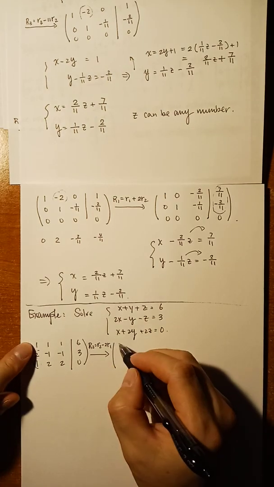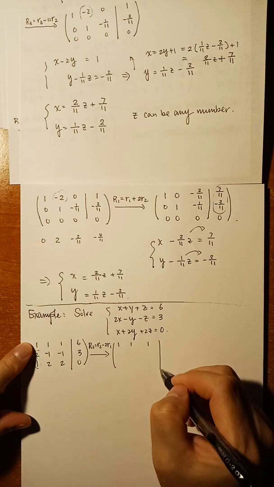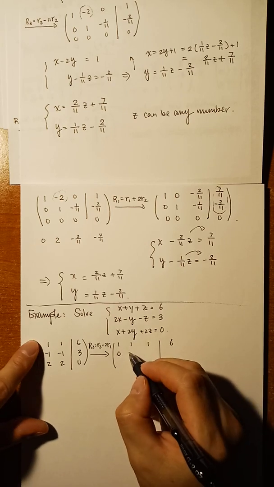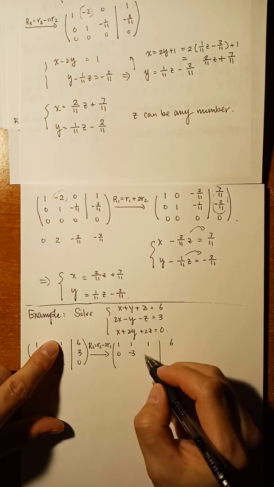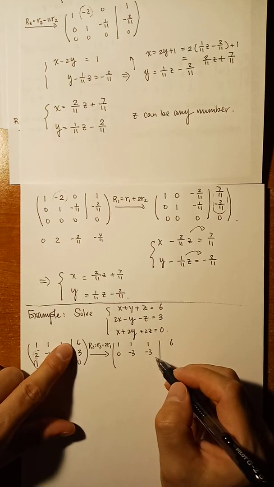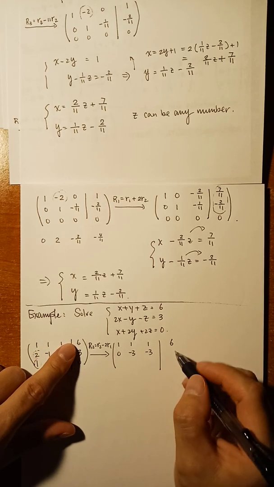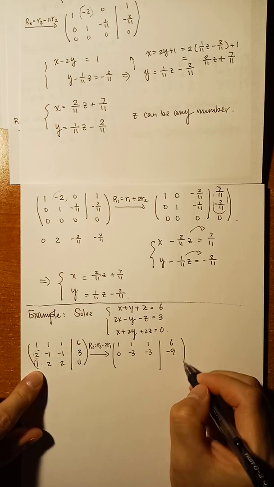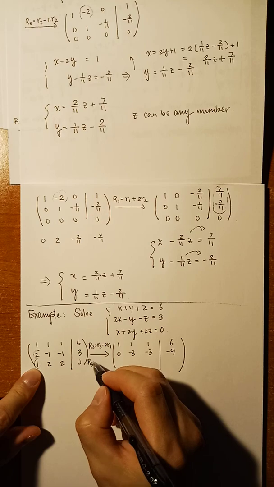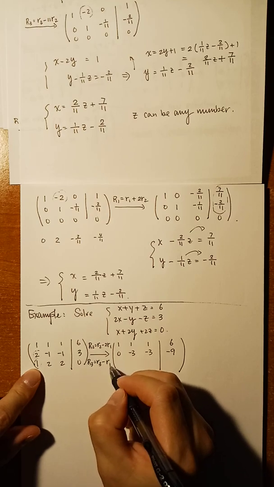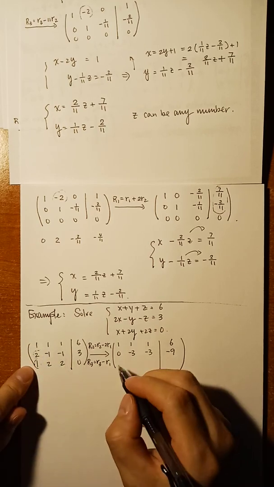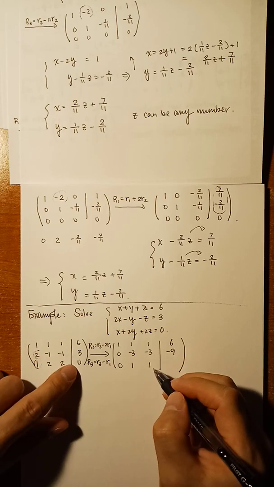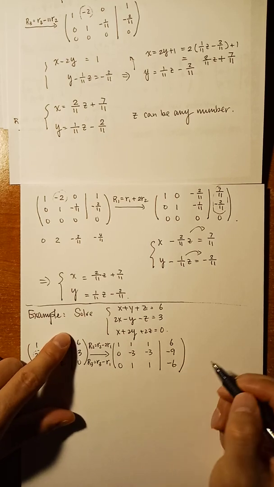So 2 minus 2, 0. -1 minus 2, -3. -1 minus 2, -3. 3 minus 12, -9. And new R3 is original R3 minus R1. So 1 minus 1, 0, 2 minus 1, 1, 2 minus 1, 1, 0 minus 6, negative 6.